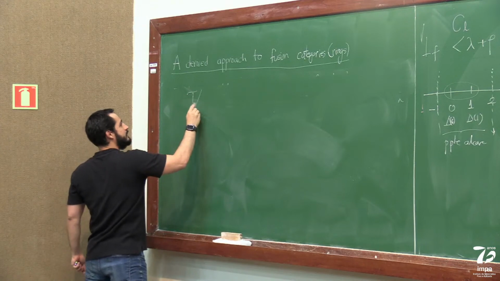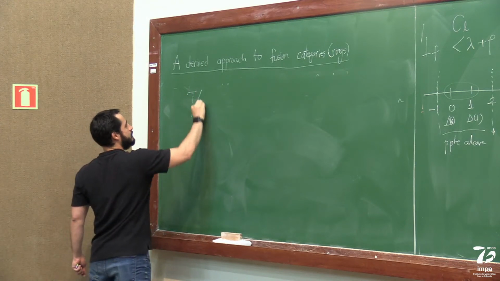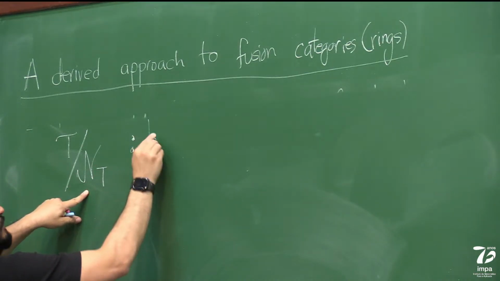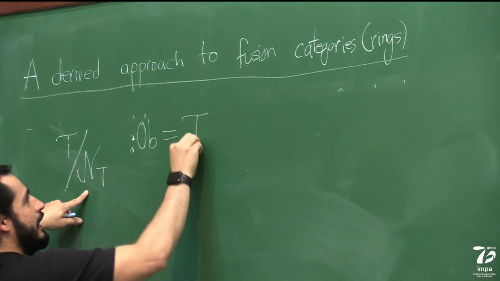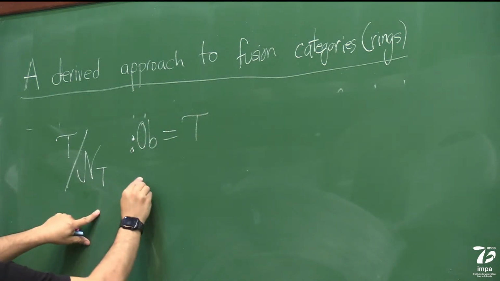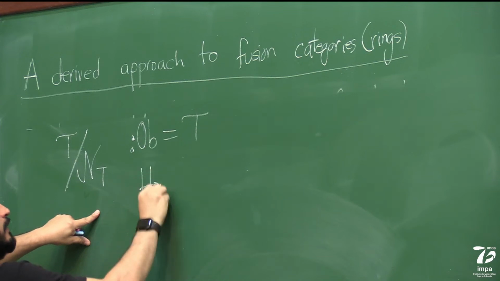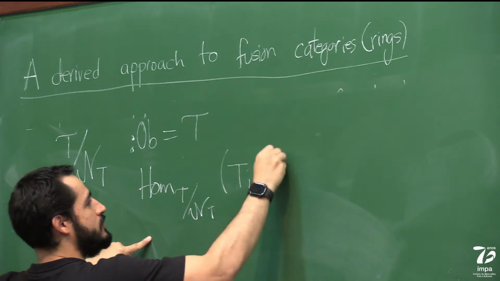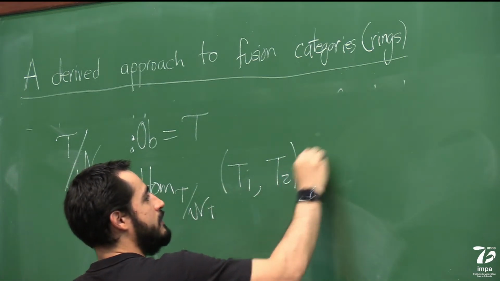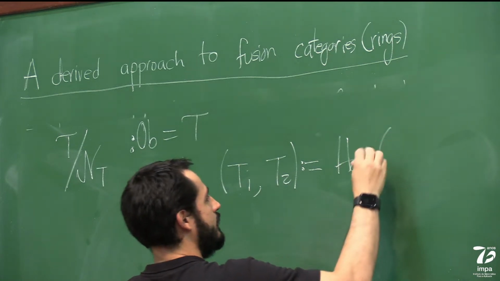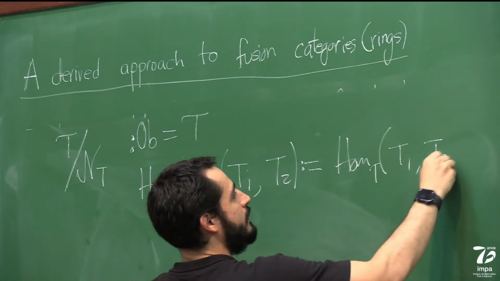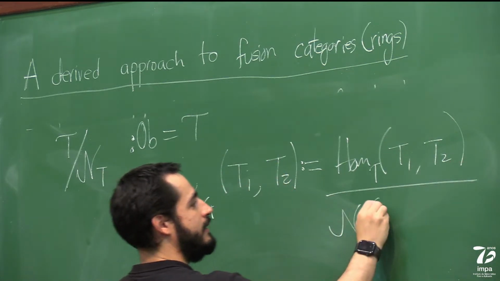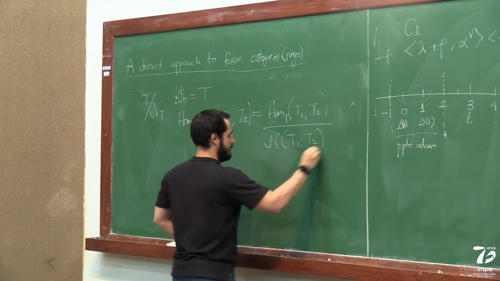I can consider this quotient category, T modulo NT, and what this means: the objects of this category are all the tilting modules, but in the morphisms, the Hom in this category from T1 to T2 is by definition the Hom in the category of tilting modules from T1 to T2 modulo something I denote N(T1,T2).